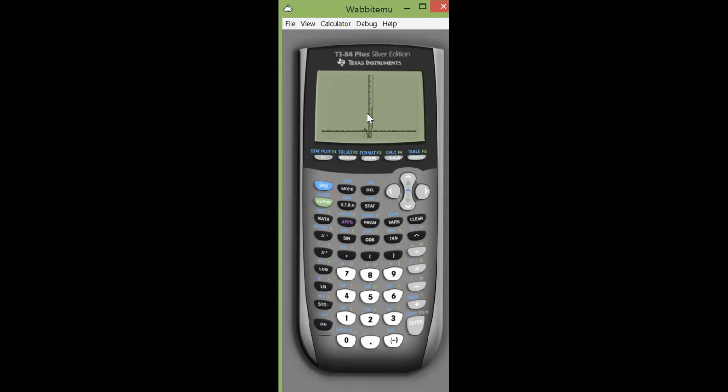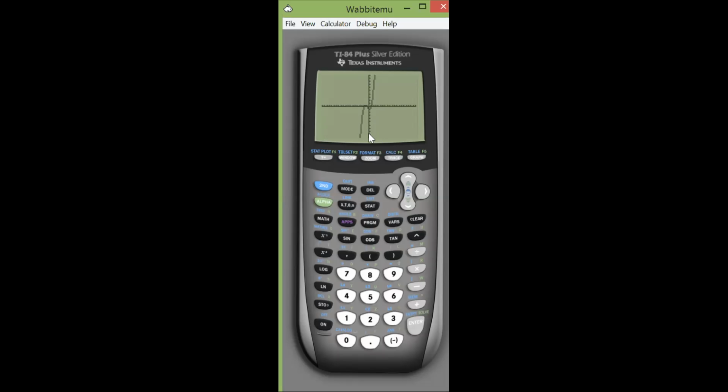All right, so I'm gonna change the Y window, the vertical window. Can't see that. Okay, so I'm gonna change that to let's try negative 20 to 20. I'll change the scaling to 2. Graph it there. All right, so better view.